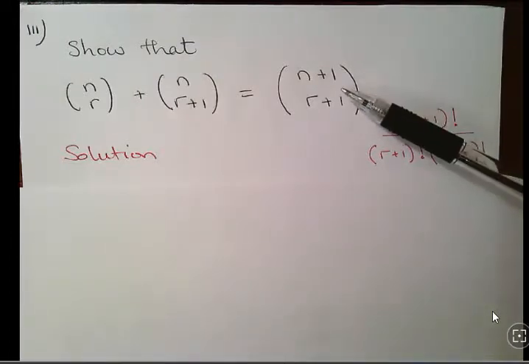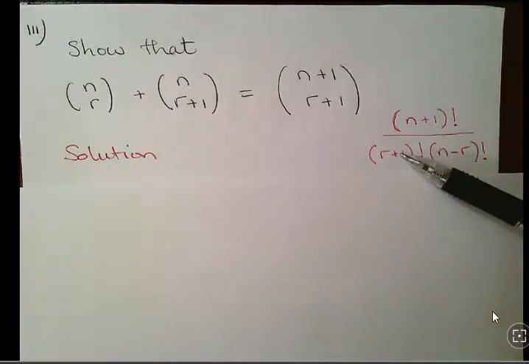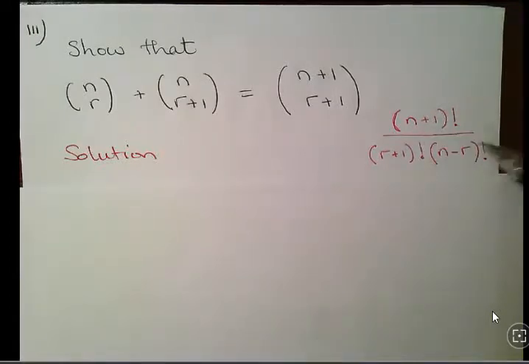When you try to express that, you might need to take a moment to figure out that the term you need is n minus r. How you might go about it is to calculate n plus 1 minus r plus 1, and then you get n minus r factorial.